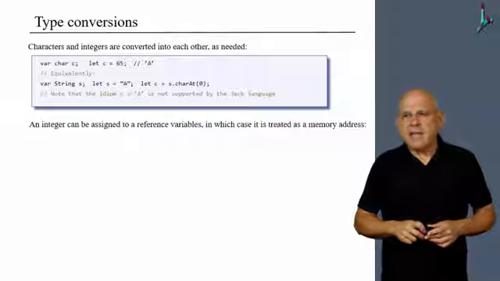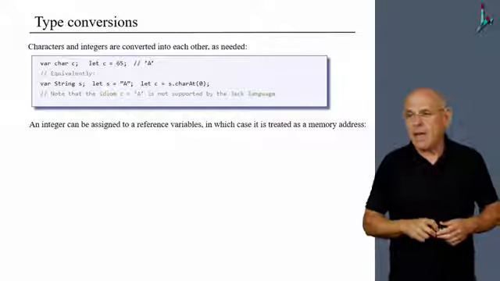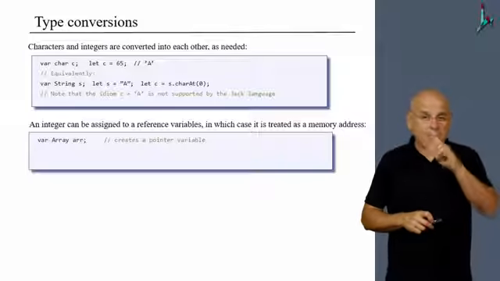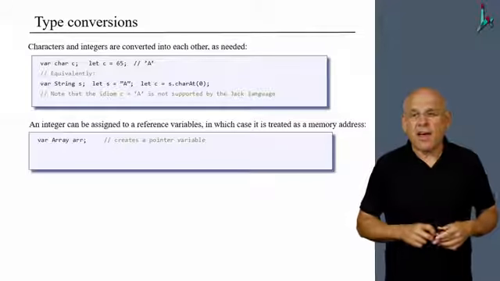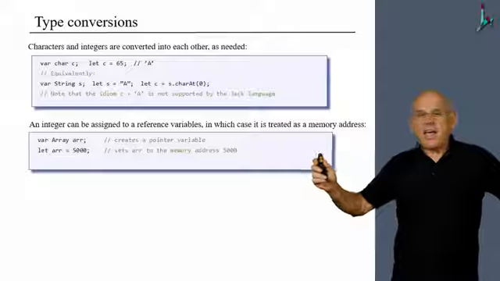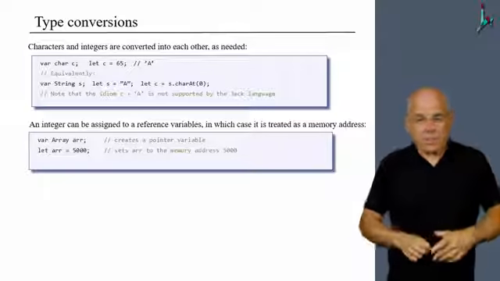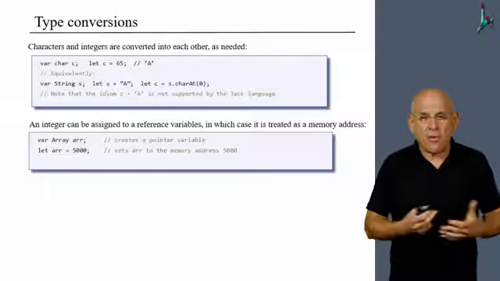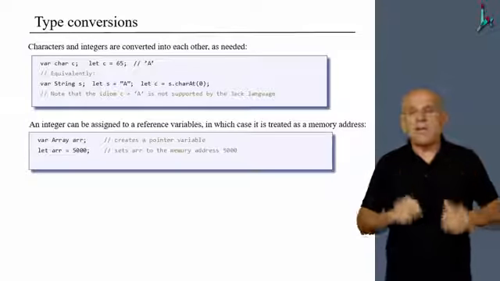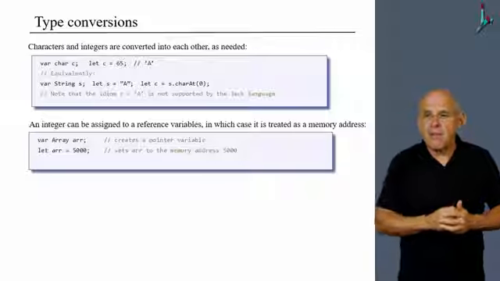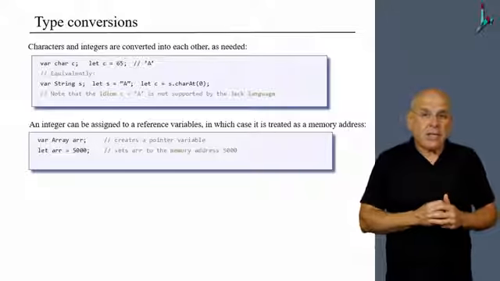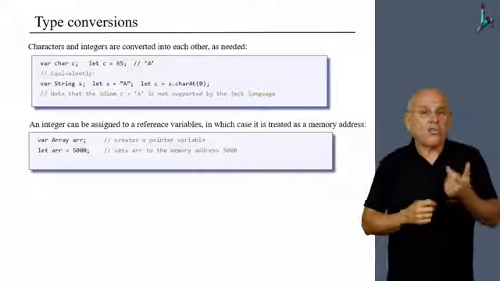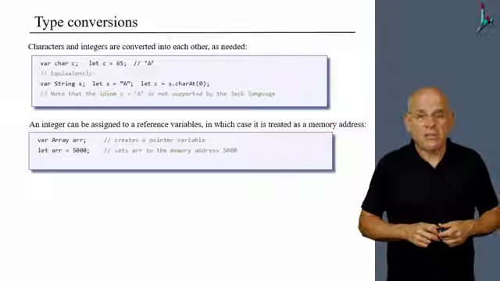Now, an integer can be assigned to reference variables, in which case it is treated as a memory address. So consider this piece of code here. We create an array called arr, and then we happily say arr equals 5,000, which is somewhat crazy, isn't it? Because arr is supposed to be an array. And yet, the Jack language supports this kind of assignment, and if you do it, you basically tell the system that the arr array ought to start at base address 5000.